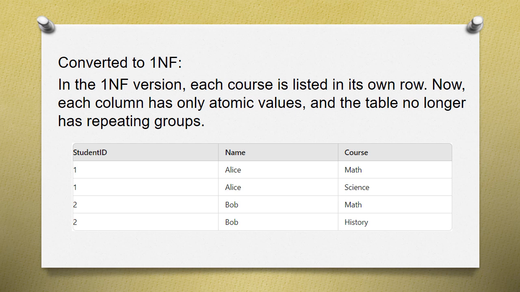In the entire table, there is now no column containing multiple values, so it fulfills the first normal form condition. The condition is that there should not be multiple values in any column of the table. So yes, this table is in first normal form. I hope it is clear.